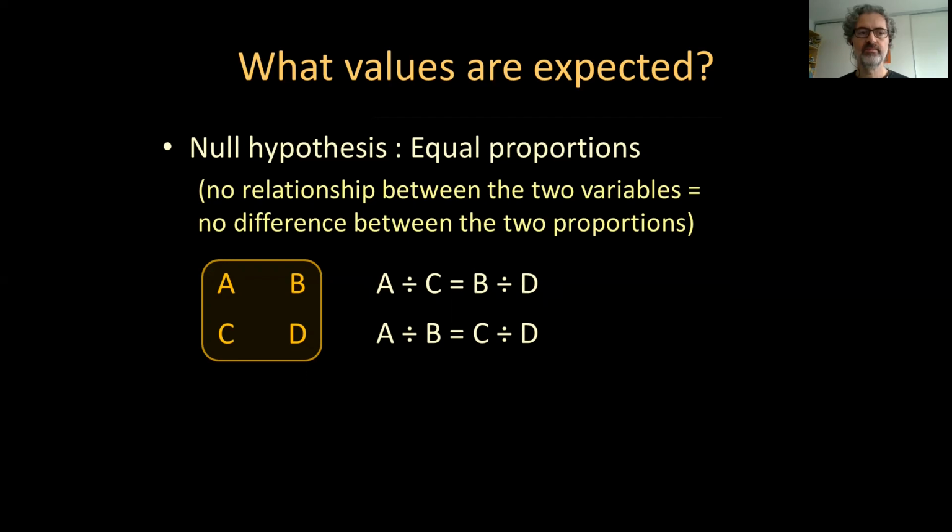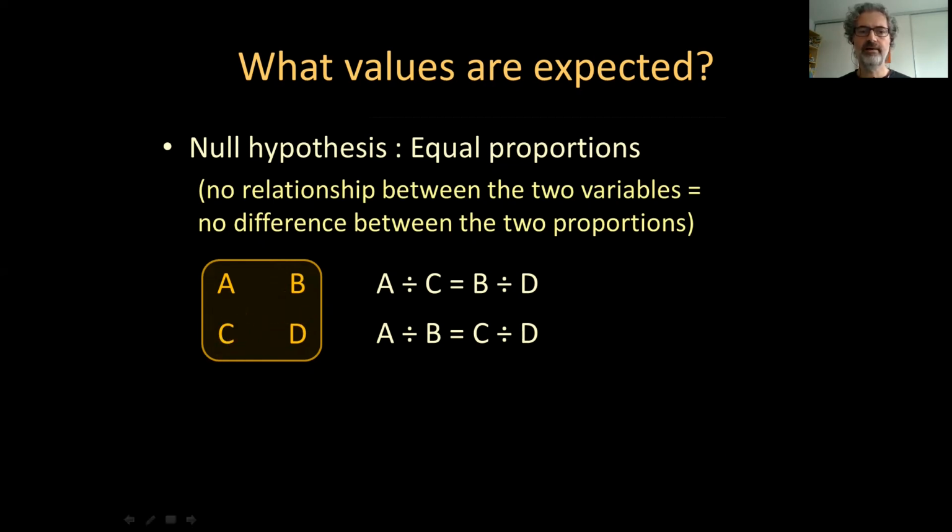As well as this over this should be equal to this over this. That's the second line. That's because if the two variables are unrelated, the relative proportions will be the same. If the row variable and the column variable are not related, there will be an equal proportion of the second row over the first in the two columns, and an equal proportion of the second column over the first over the two rows.